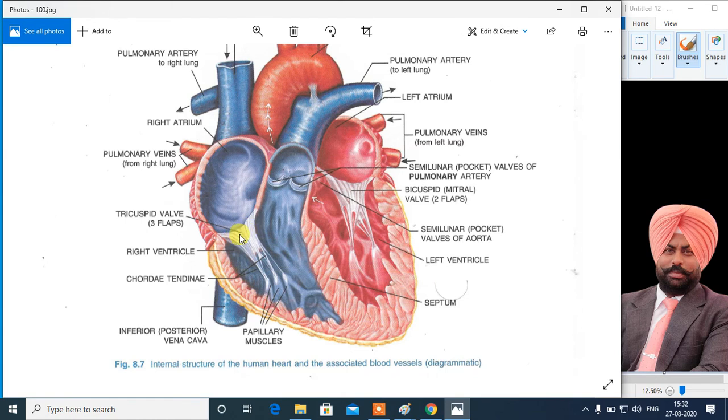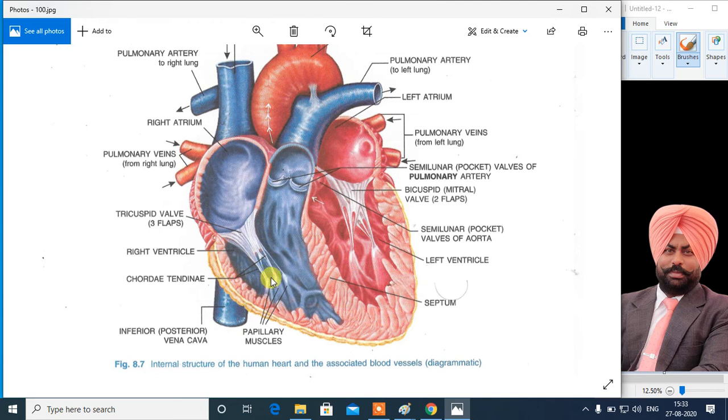This valve is called the right atrioventricular valve and is also called tricuspid valve. Look very carefully with the help of the yellow cursor. This is the first flap. Now this is the second flap. Now this is the third flap. Because it has three flaps, it is called tricuspid valve.